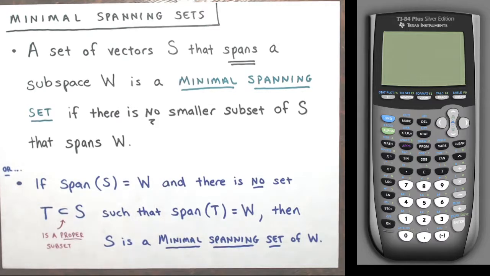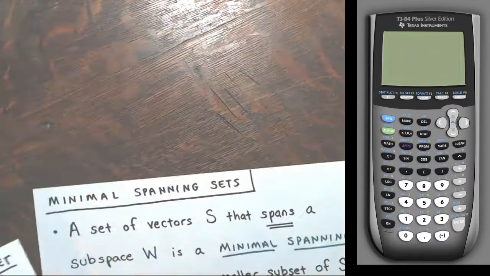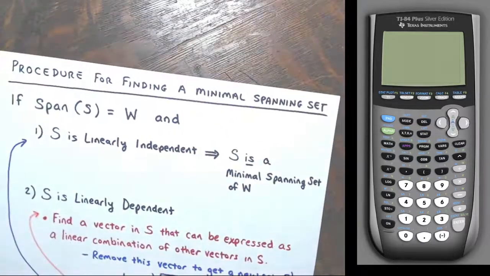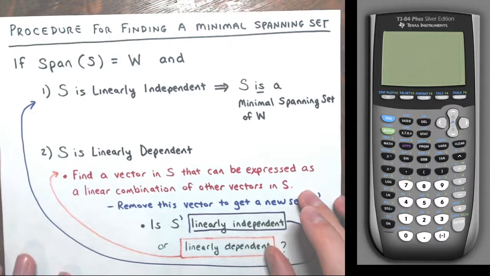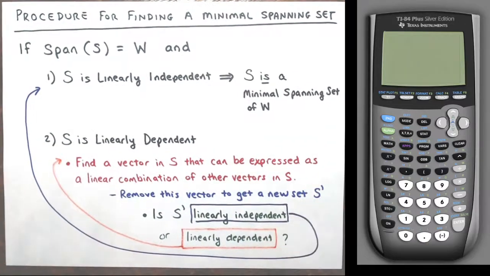Great. Now, this procedure I have on the next page for finding such a set, I'm going to go through it on the first example or two in detail, but then I'll also show you there's actually a pretty quick way to determine a minimal spanning set for a subspace that is the span of a set of vectors.